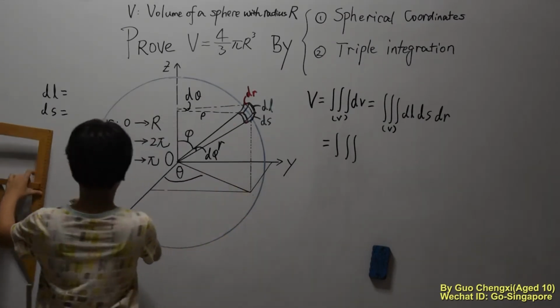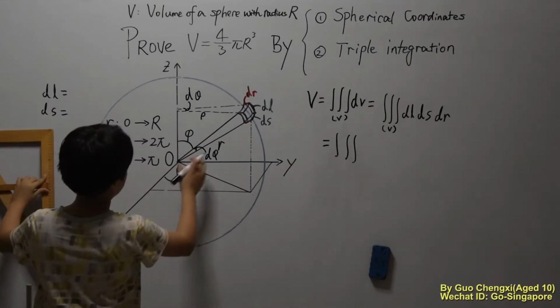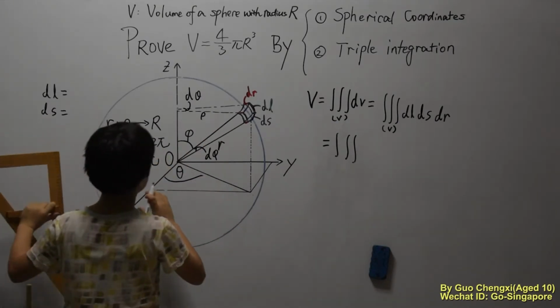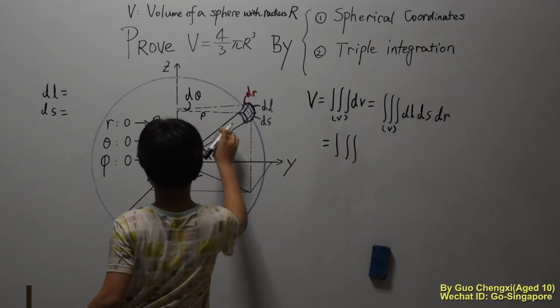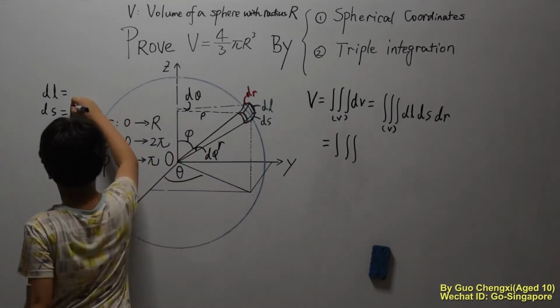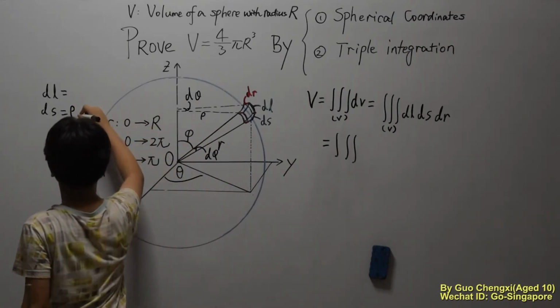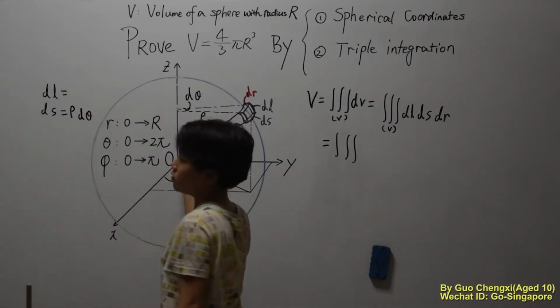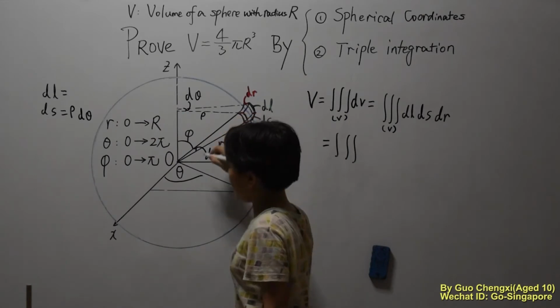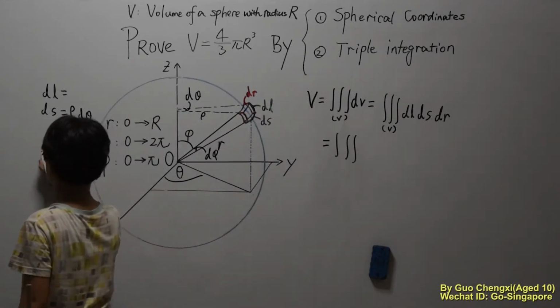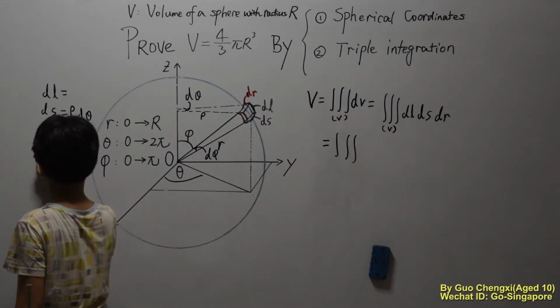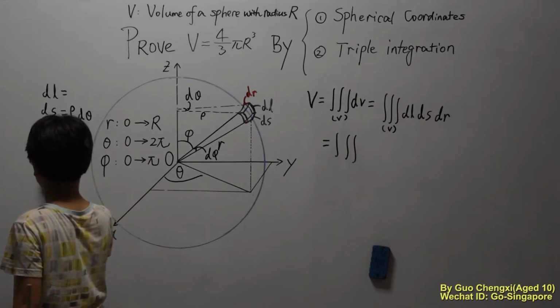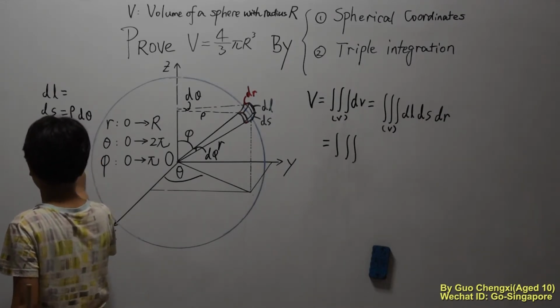But what is this ds? ds in this case is rho d theta, okay? And that's how you get the arc. And then here's the length.